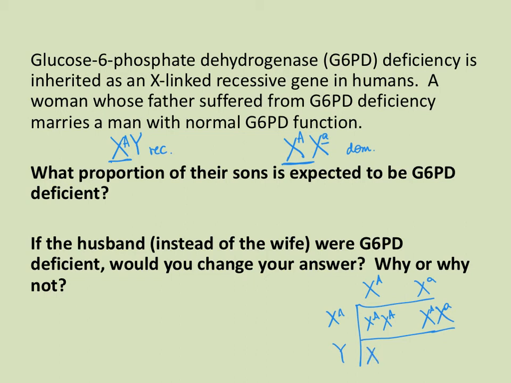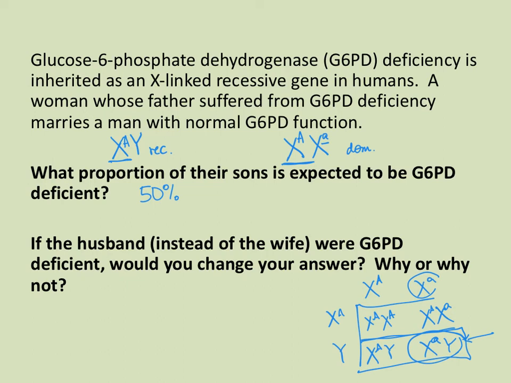One son will have normal functioning G6PD, and half of the sons will carry this recessive mutation. So to answer this first question, what proportion of their sons is expected to be G6PD deficient? It's going to be 50% of their sons, because of the sons, and that's the bottom row here, half of them are likely to inherit the recessive mutation.